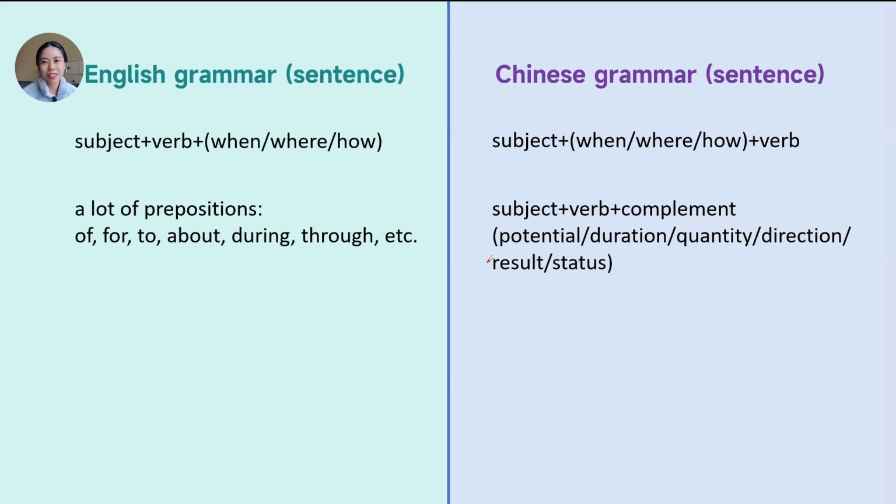So there are many different types of complement. For example, complement of potential, if you would do it or not, and duration, how long, and quantity, how many, direction, like which direction you're going to, left, right, up, down, etc.